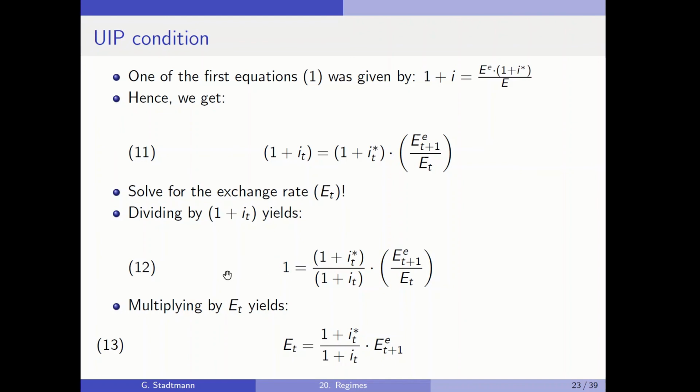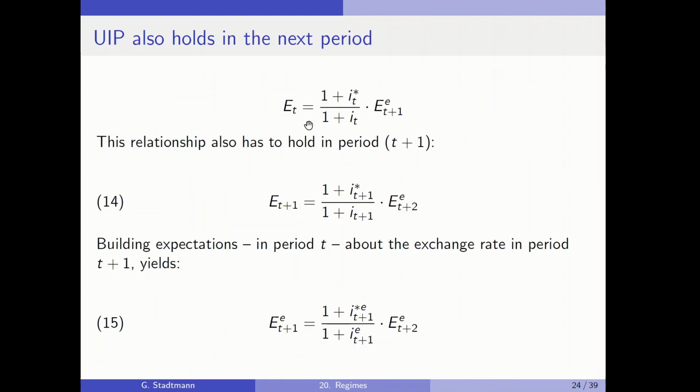So here we have a relationship between the exchange rate level on the left-hand side, then the two interest rates, and the expected exchange rate for the period t+1. So the exchange rate is affected by the expected exchange rate, which is expected for the time period 1 year from now. But what is affecting the expected exchange rate?